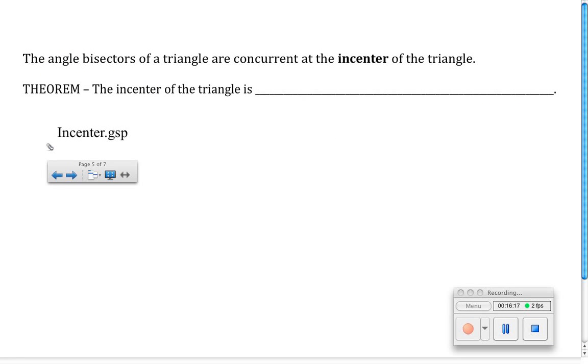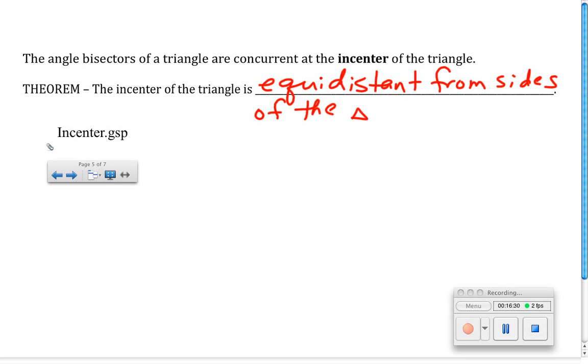Again, the incenter of the triangle is equidistant from the sides. And we have from this screen what we need.